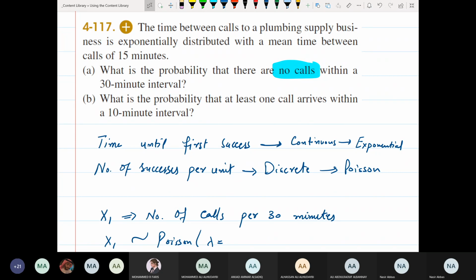Muhammad Ali. 3 multiplied by 15. 2 multiplied by 15. Why? Because we want to change the unit from 1/15 to 1/30.